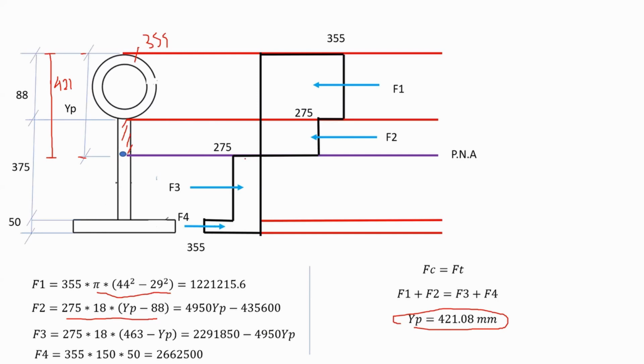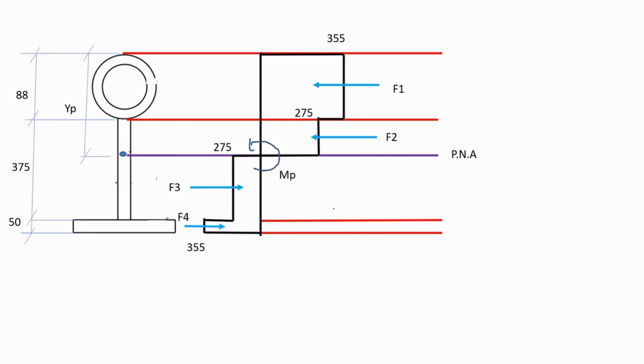I can go and find the moment about this point, where I basically need to find the moment arms now for each force. So F1 to here, F2 to this point, F3 to that point, and it goes on.